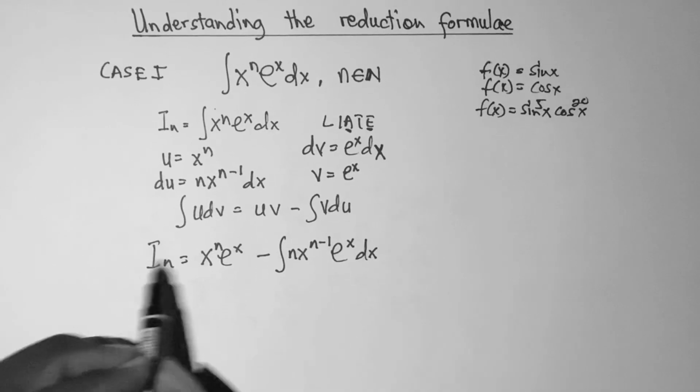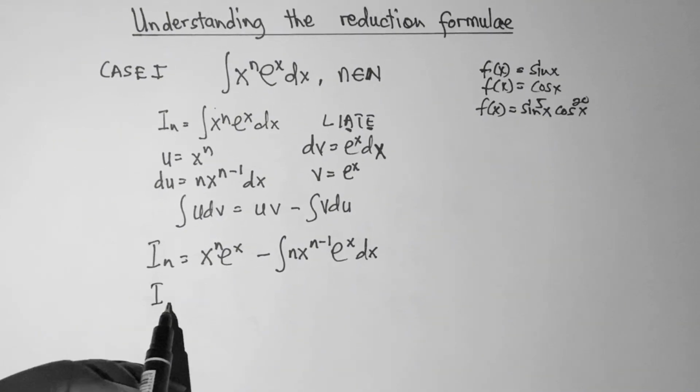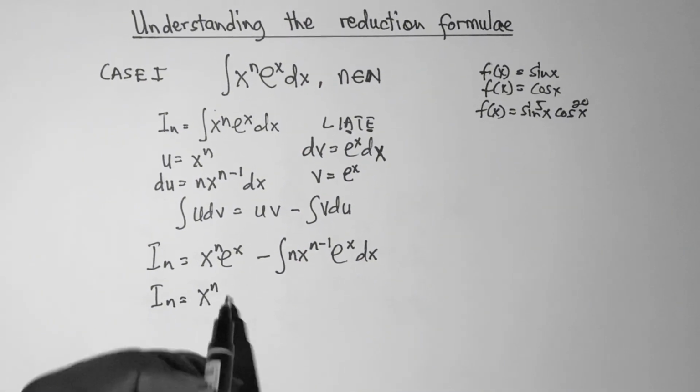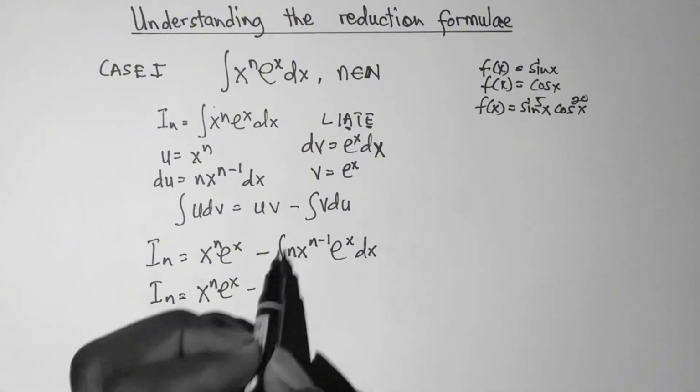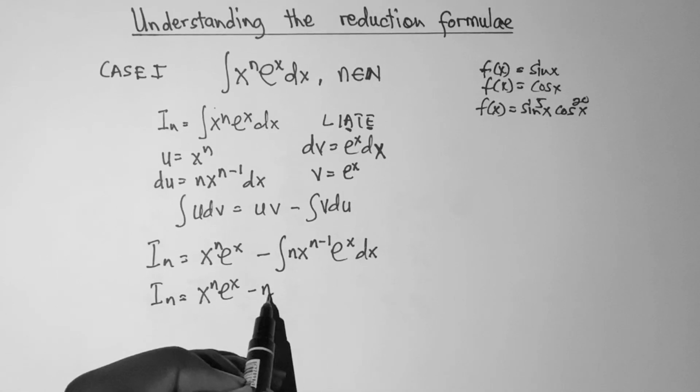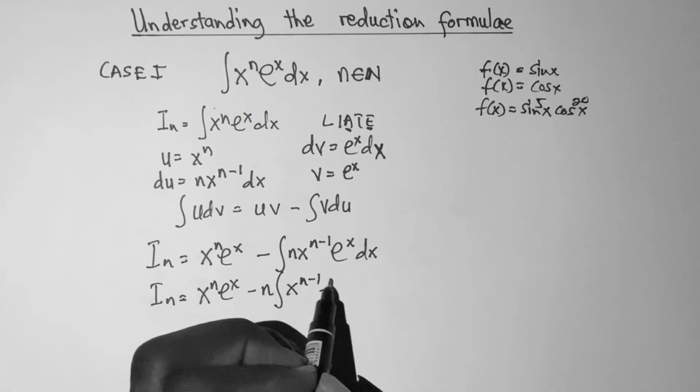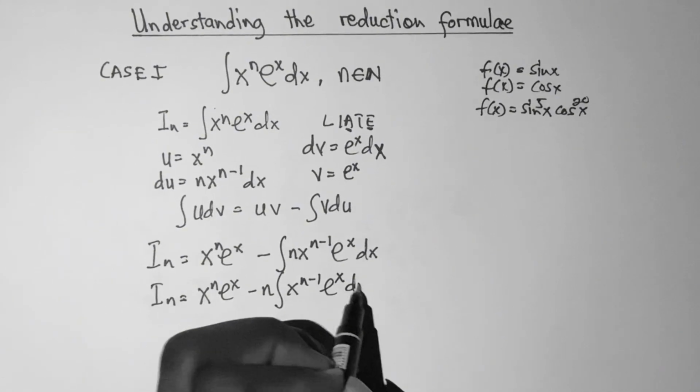Nonetheless, we can rewrite this as I of n equals x exponent n, exponent x, minus, pulling n out since n is a constant, n times the integral of x exponent n minus 1 exponent x dx.